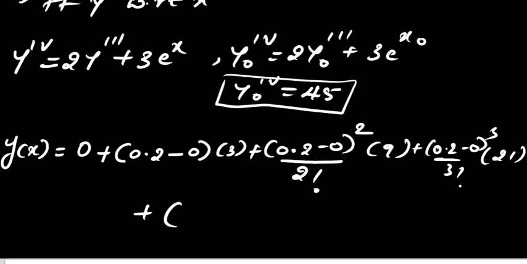Similarly, the last term, x minus x naught the whole power 4 by 4 factorial into the fourth derivative, which is 45.